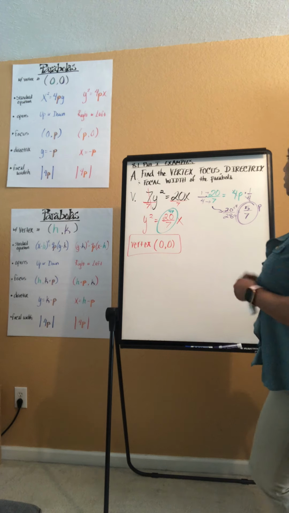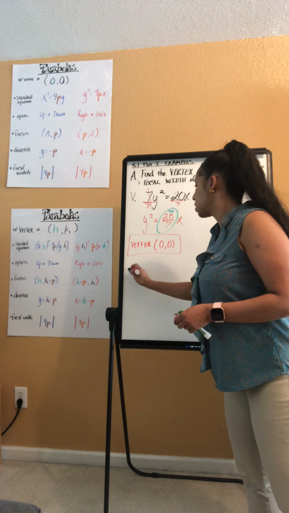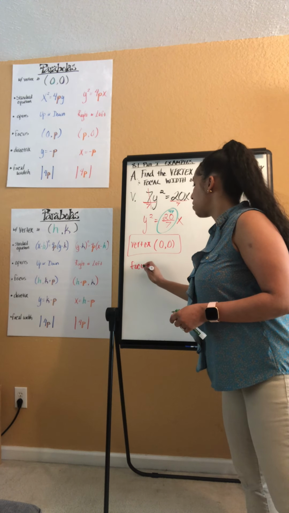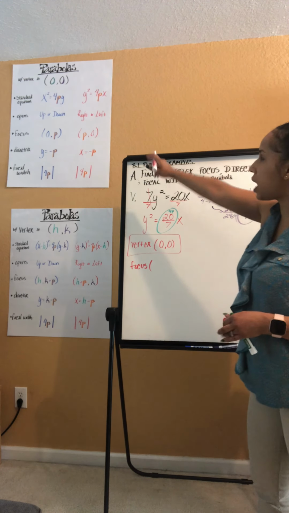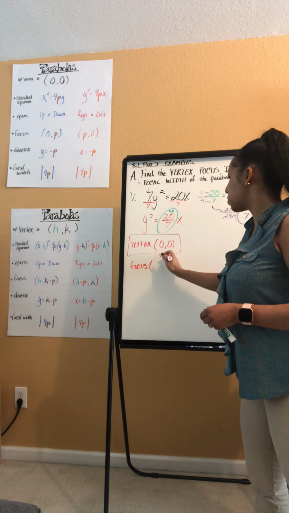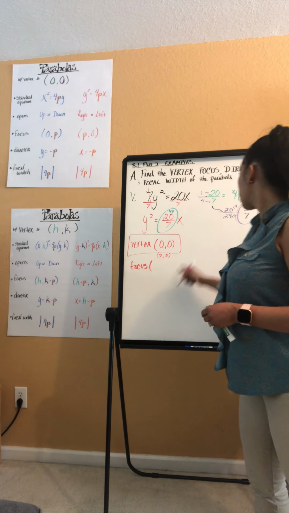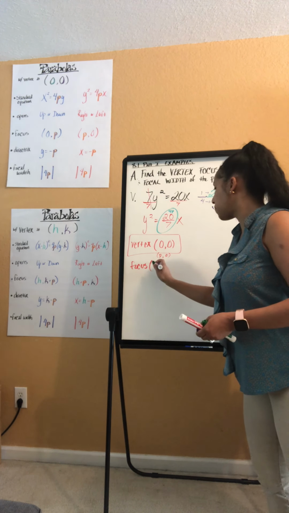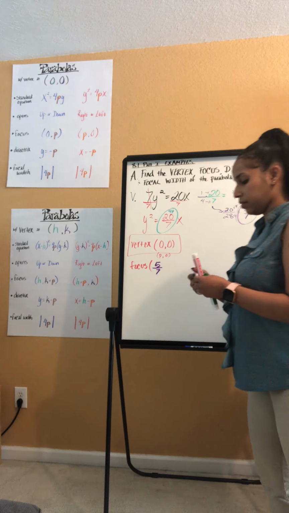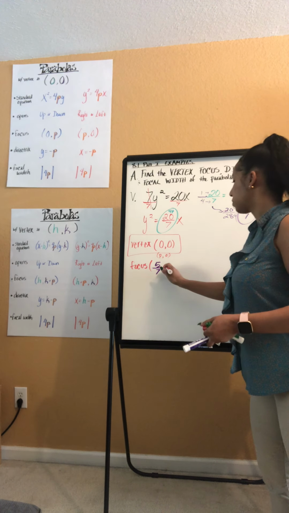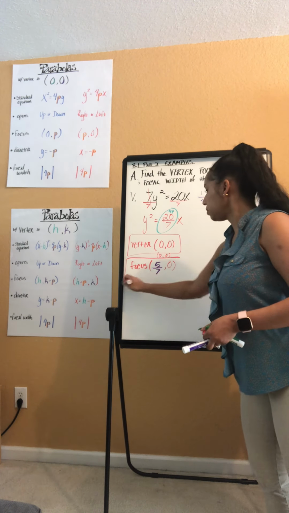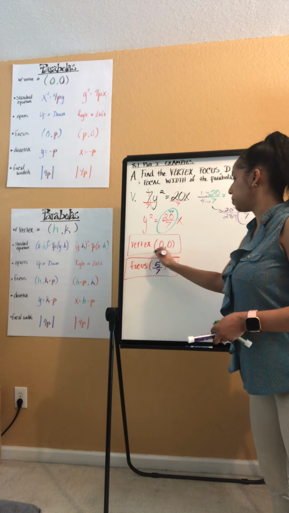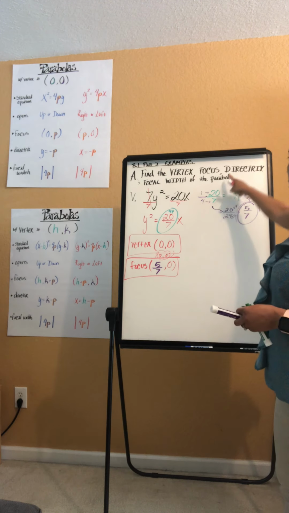Okay? The focus on the red side. On the red side, the p is supposed to come first. It's supposed to be p, 0. My p is 5/7. So my focus is 5/7, 0. All right. And then the directrix.